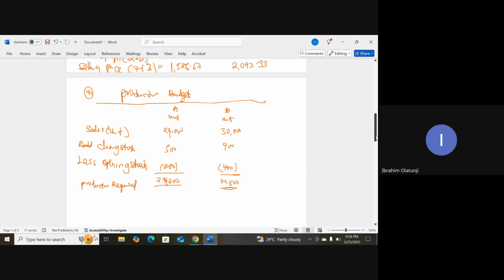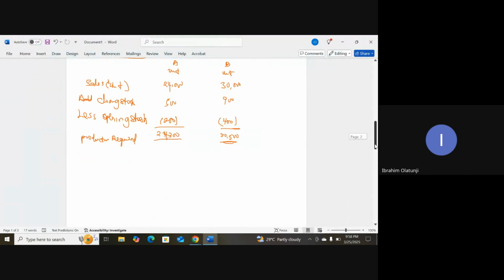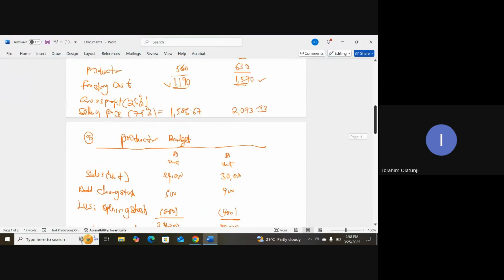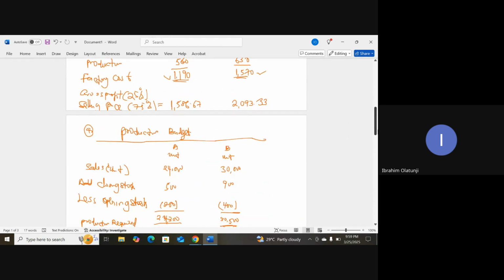So we are in the C part of it, purchases budget. So what they are saying is now, look at what I'm trying to do. The first one talks about the production requirement.